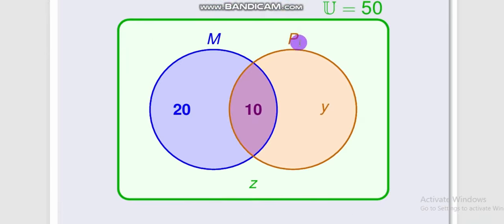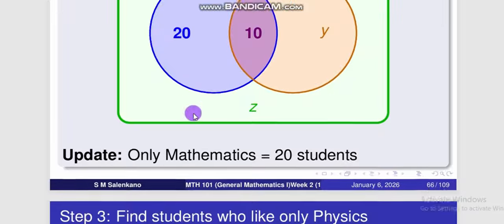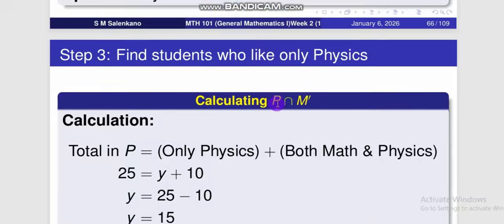Y, the students who like physics only. The number that we were given was for those who like physics only and those who like both physics and mathematics. So we'll follow the same method to get our Y. Find students who like only physics. Okay, calculating P intersection M prime or P intersection M complement. So the total in P, which we were given 25 for, includes only physics and both math and physics, right?